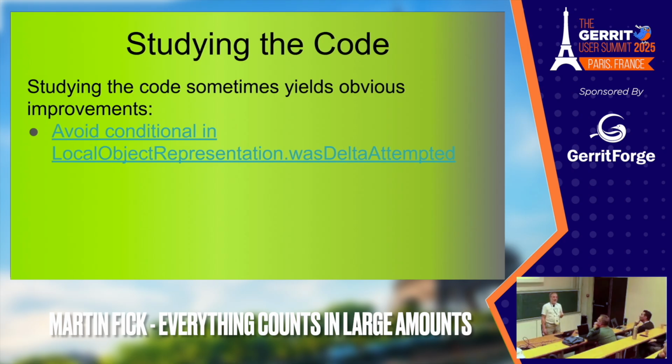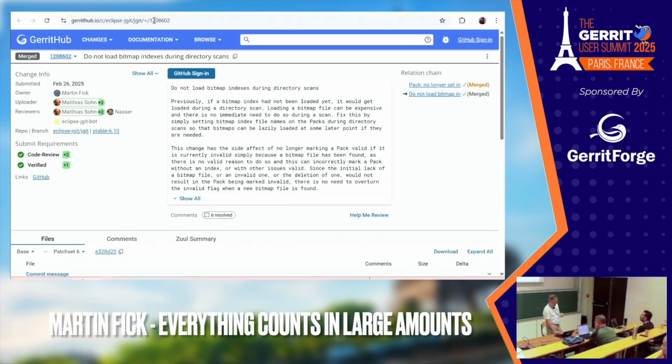And the parent class had a conditional, and I just got rid of the conditional and returned true always, and it sped things up a little bit. That was again something that was obvious when looking at the code. Like, wait, why are they putting a conditional there?